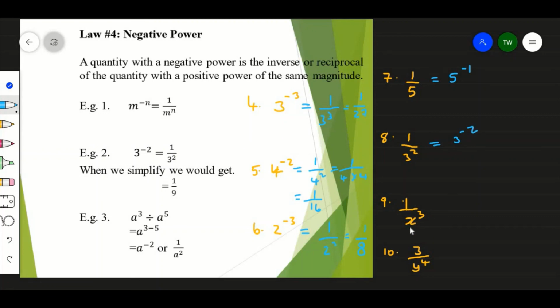Here we have 1 over x to the third power. Then this is the same thing as x to the negative 3 power. Here, for number 10, we have 3 divided by y to the fourth power, and we want to write this in negative form. Then this is going to equal 3y raised to the negative 4 power.